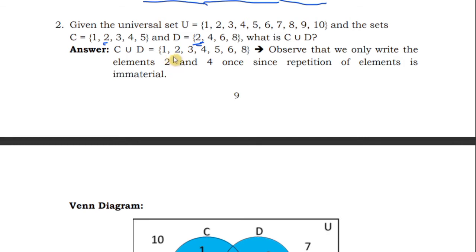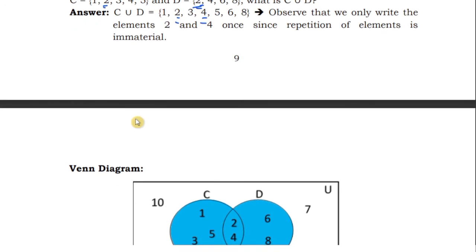So 3, 4, 5, 6, 8. As I said, since 2 and 4 are the elements that can be found in both sets, namely C and D, we just write them once.